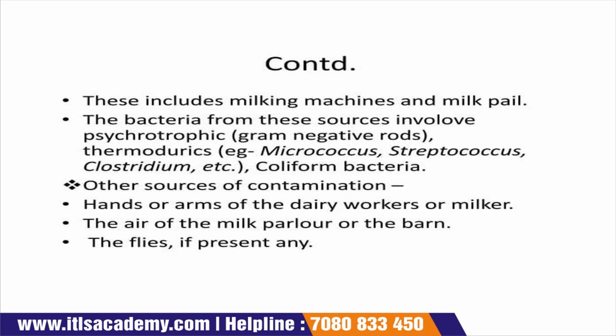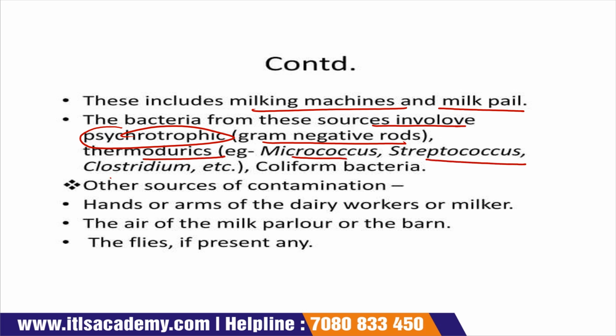This includes the milking machine and milk pail. The bacteria from the source involve psychrotrophic, that is gram-positive bacteria, some thermoduric bacteria like Micrococcus, Streptococcus, and Clostridium, and coliform bacteria.